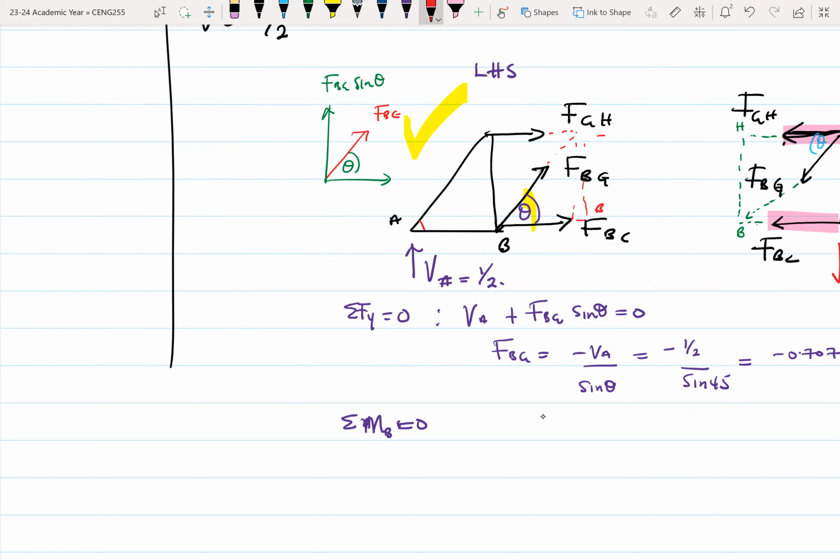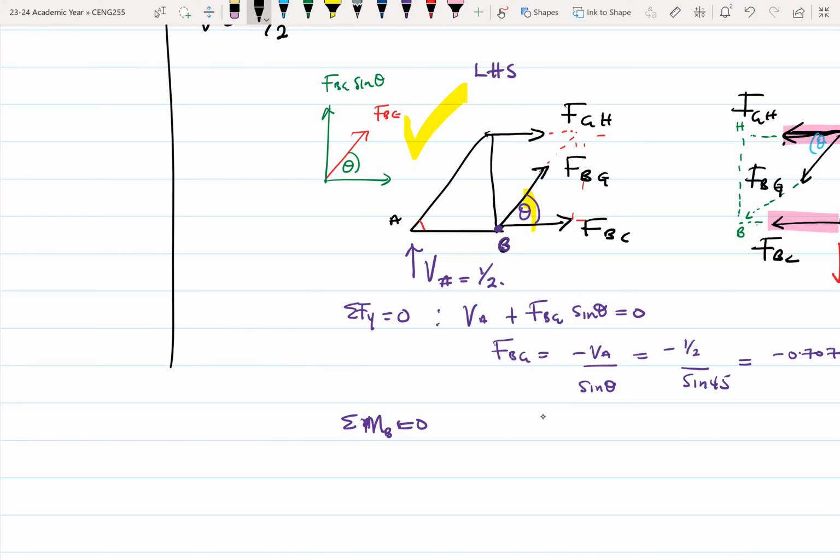Sorry, that was B. B is right here, right in front of us. So this is B. We're taking moments about this point B.